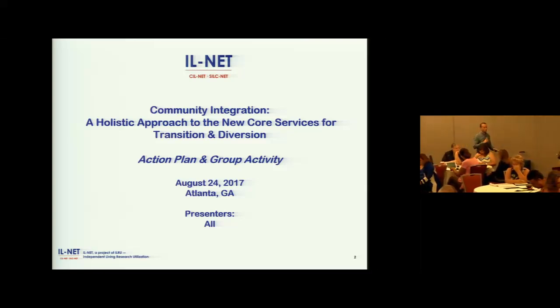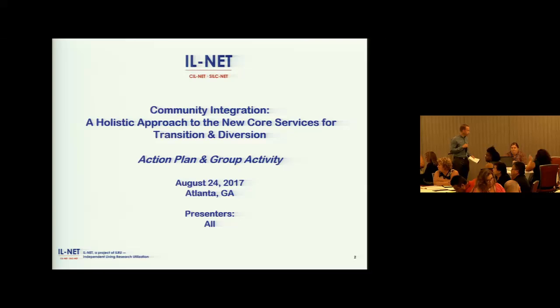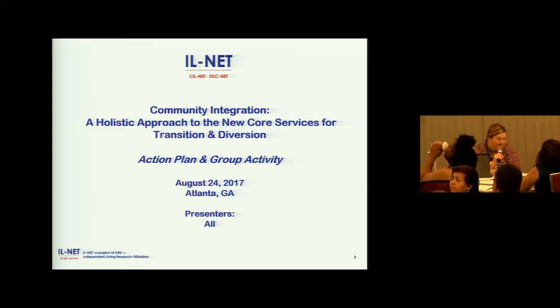How about back here? Somebody volunteer to share? Well, for our center, we're in a different circumstance, so we're actually going to do a lot more building for the transition and diversion. So we have a plate full when we get back.